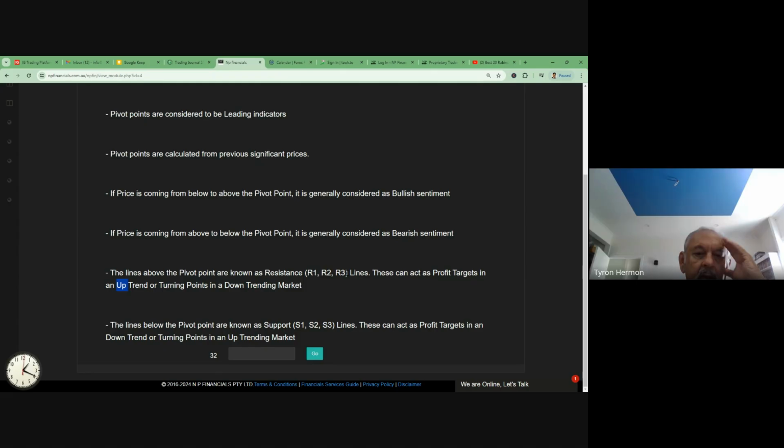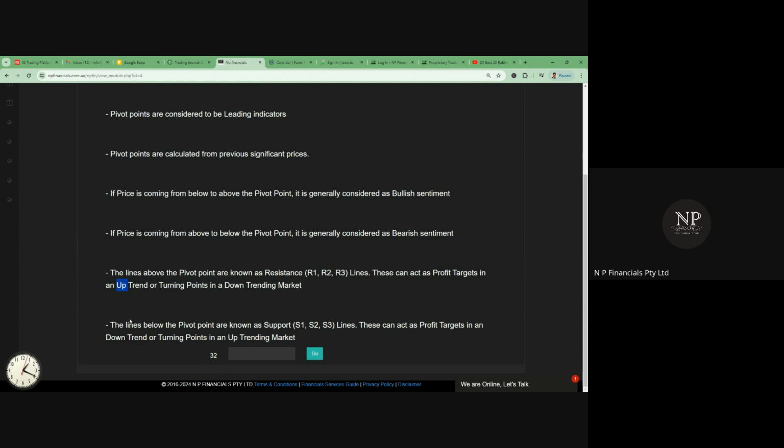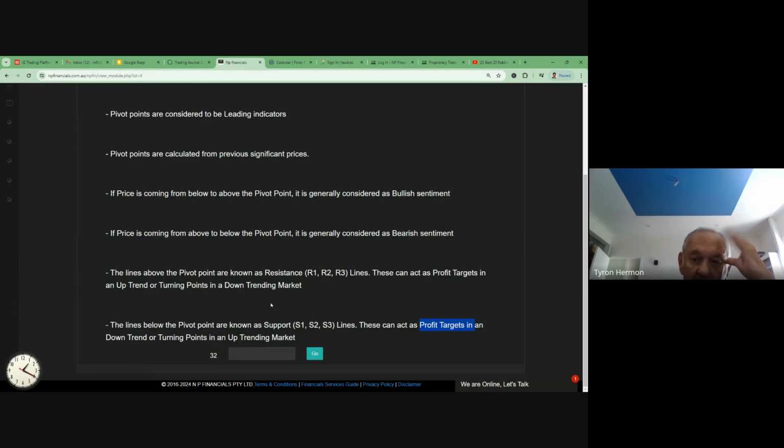The lines below the pivot points are known as support lines: S1, S2, S3, S4, support 1, support 2, support 3, support 4. These can act as profit targets in a downtrending market. So in a downtrending market, the price is going down, and we can take profit at these points, when you have a selling trade.